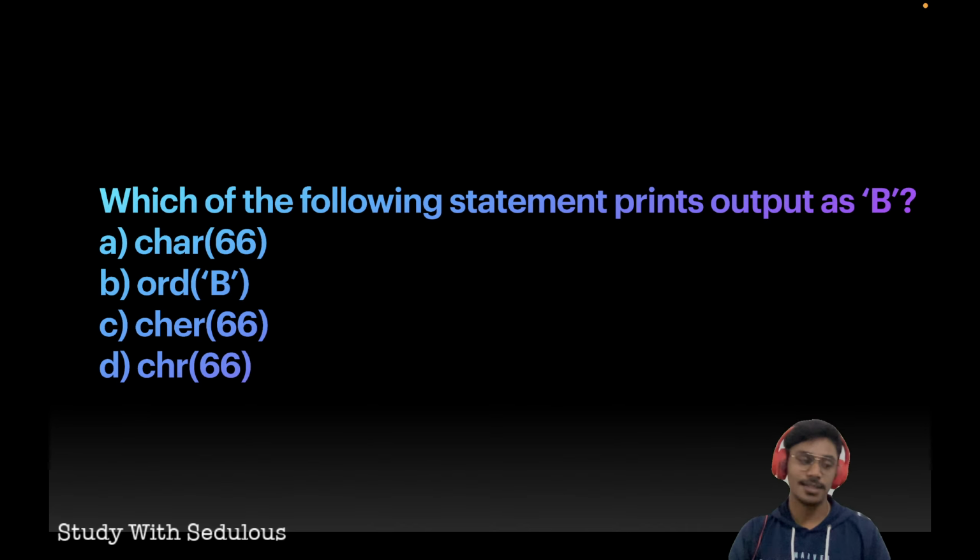The answer should be chr 66, because chr gives the character of the ASCII value 66, not the ASCII value of 66. What is the thing which is having the ASCII value of 66? ASCII value 66 is B. So it should be D.